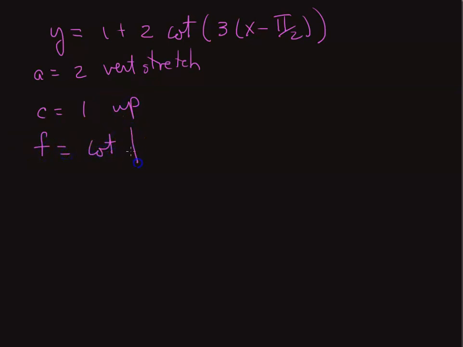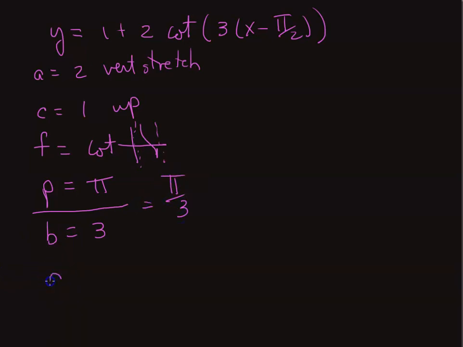And once again, I like to give a little quick picture. Cotangent does something like that. Period for cotangent and the tangent, pi. B is 3, so the new period for this is not pi, it's pi over 3.